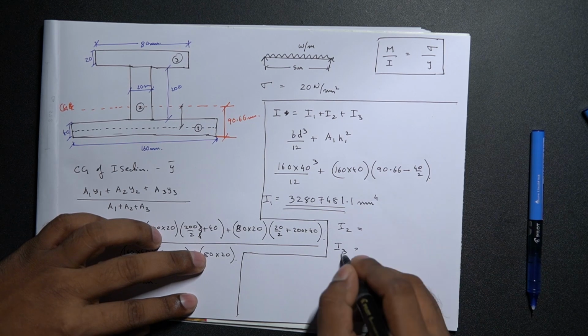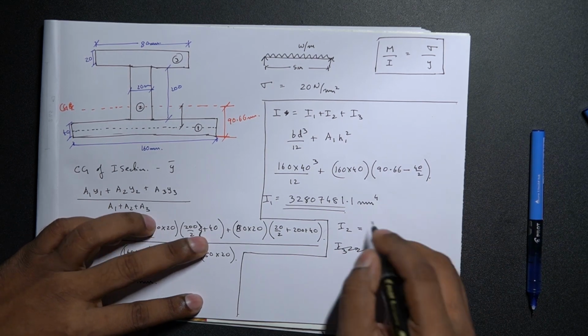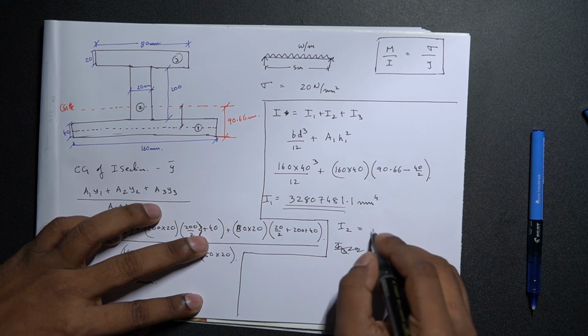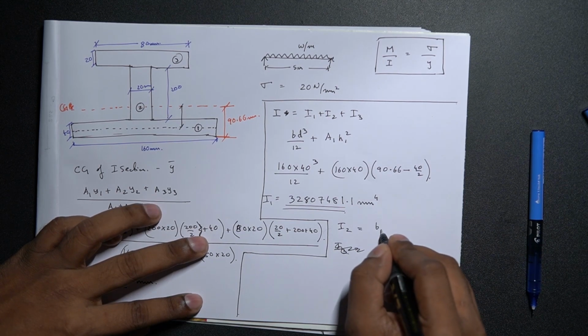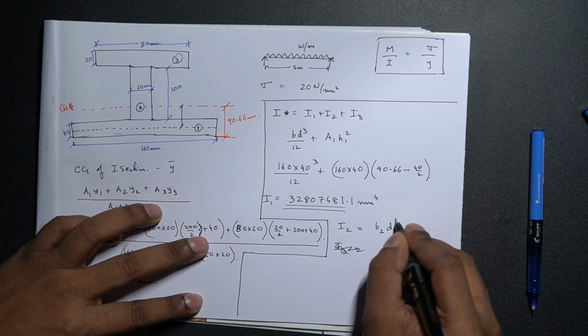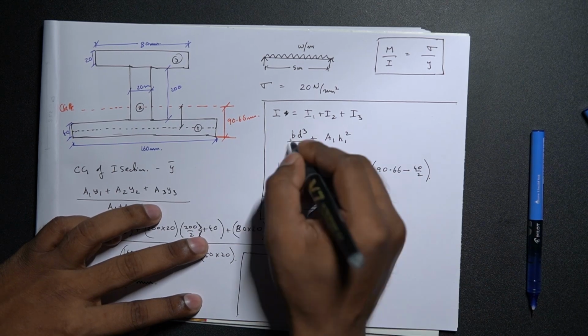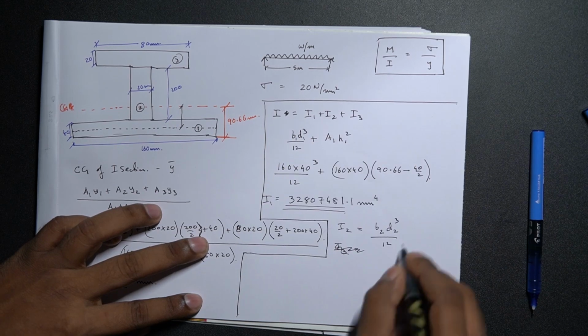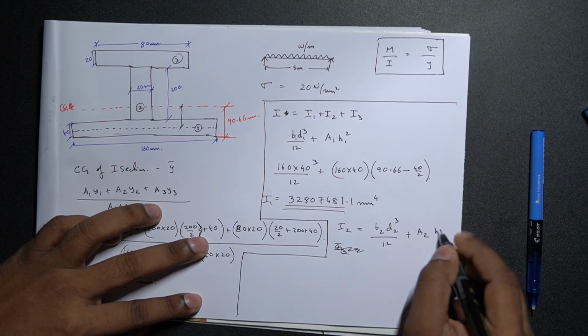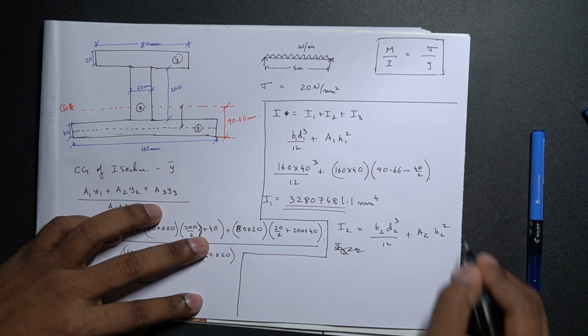I have already done this, so we'll just try to solve I2 as well. I'll just directly put the value for I3 here. So for I2, let's calculate. It is B2 D2 cube by 12 plus A2 H2 squared.